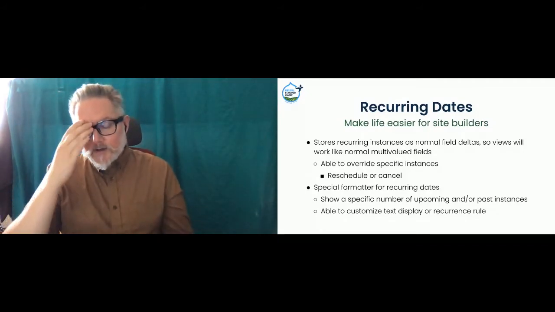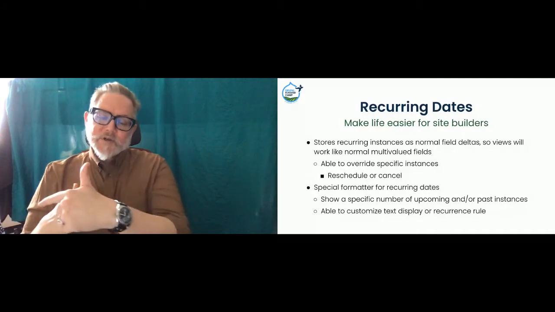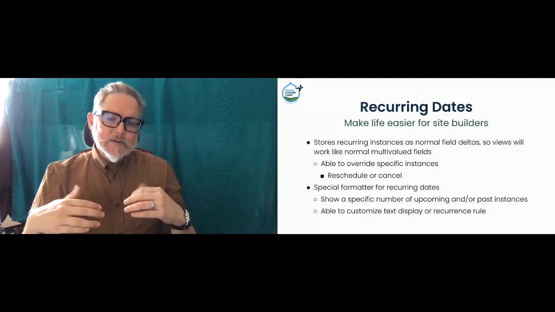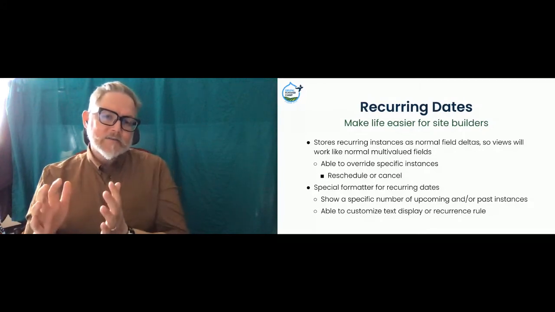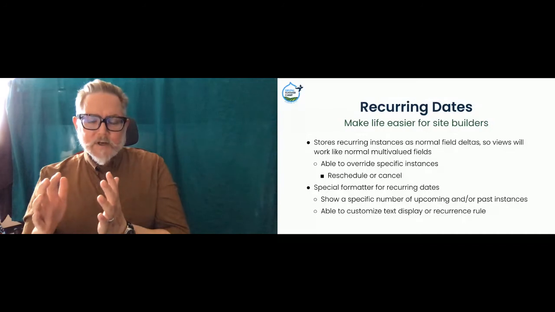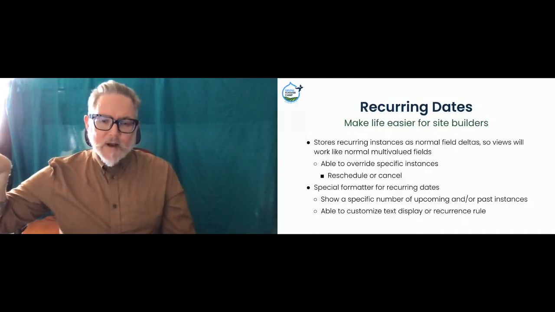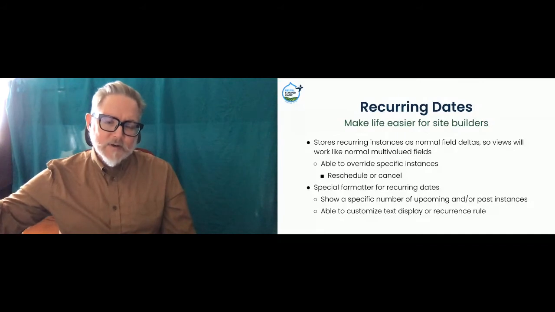And so I thought, well, for Smart Date, what if we took the reverse approach and we actually stored the instances as essentially field values, much like if you had a multi-valued Smart Date field, and then the recurrence parameters could be stored as a separate element.